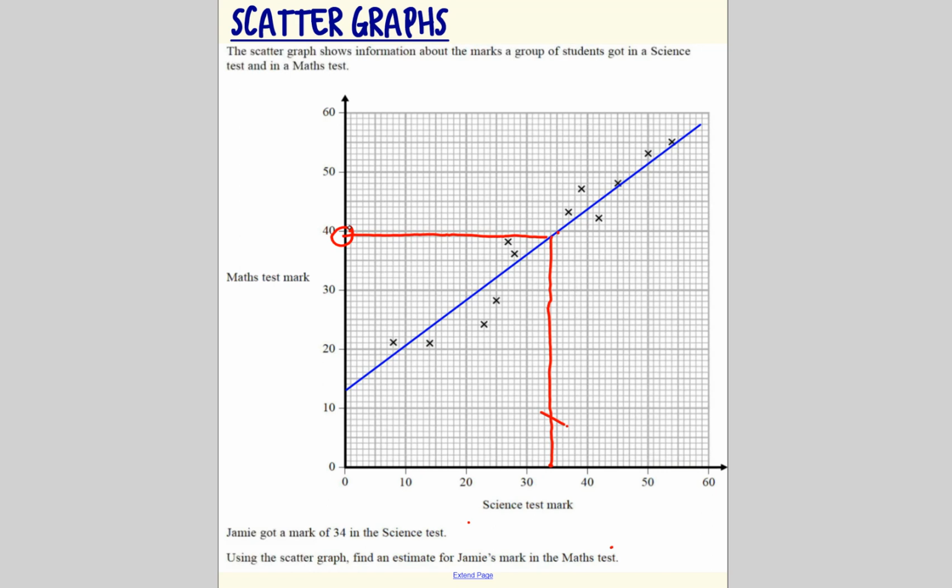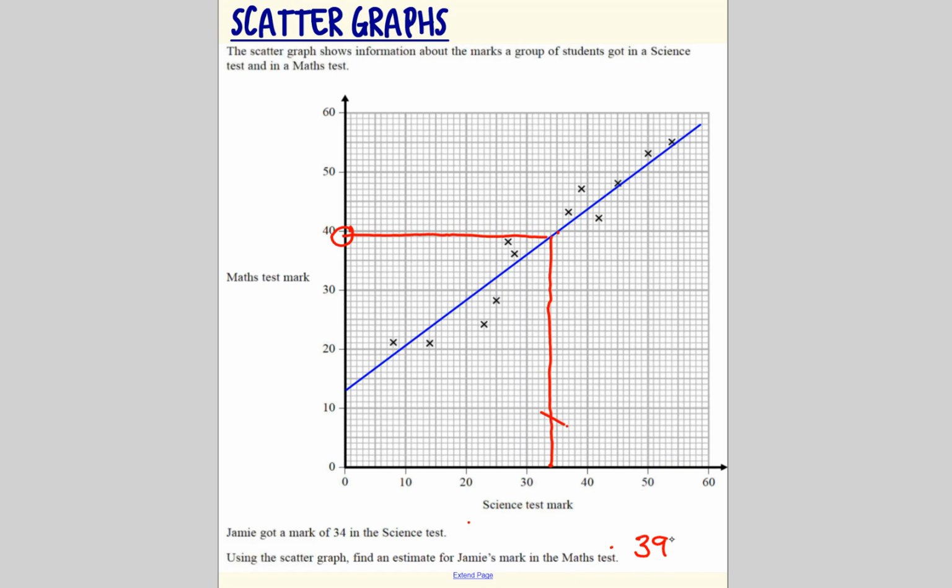That will tell you what the answer is. Now, I got 39. If your line of best fit was slightly different, you could end up getting something like 40 or 38, or it could be further away than that. You will still get full marks. That's the really important thing for you to remember there.